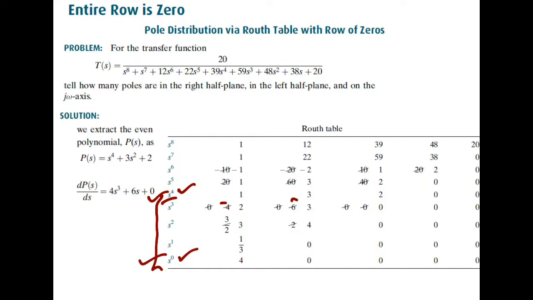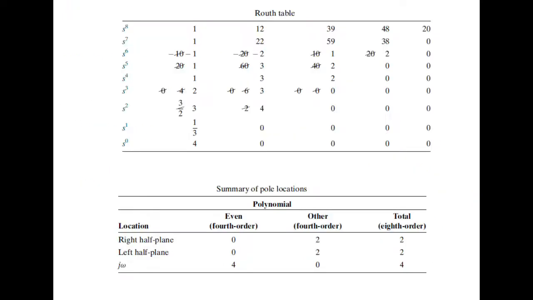Now we have the poles on the j omega axis from S4 to S0, which is a test of the even polynomial.